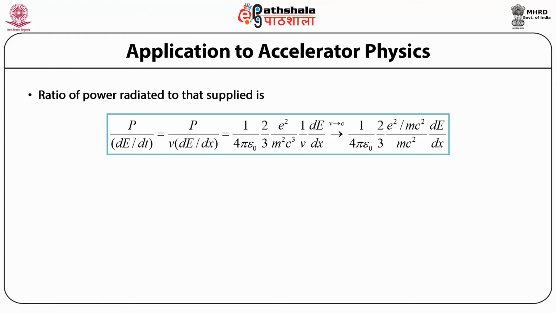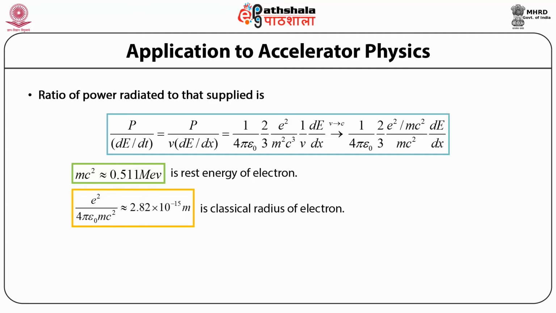Let us use units that are appropriate for high energy physics. So mc^2 = 0.511 MeV is the rest energy of the electron. The quantity e^2/(4 pi epsilon naught mc^2) has the dimensions of length and is the classical radius of the electron. It has the value 2.82 x 10^-15 meters.